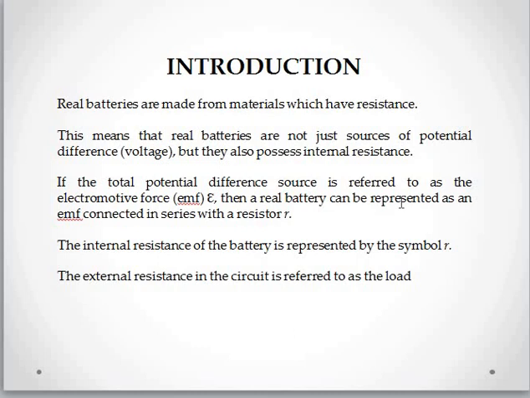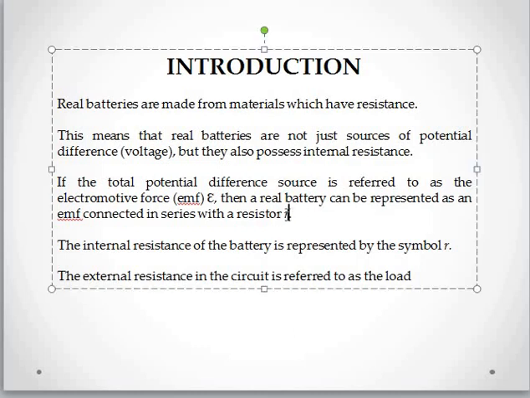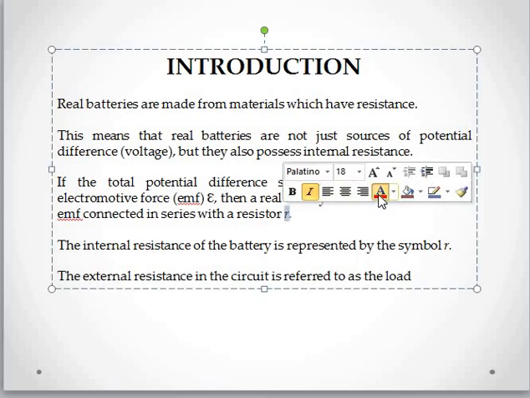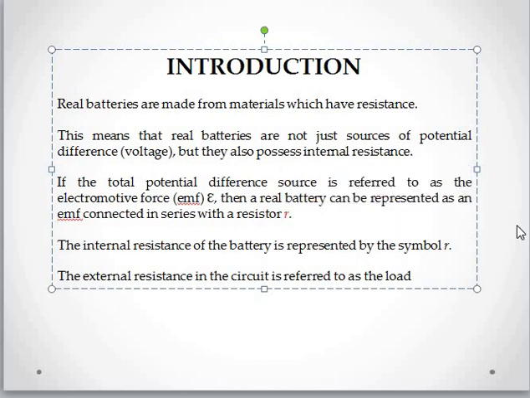A small portion is going to be consumed internally because of the internal resistance. So as the charge is moving out of the battery, it needs energy to overcome the resistance of the internal components of the battery. That resistance, we are going to call it r. So it's going to be represented here by the small letter r.